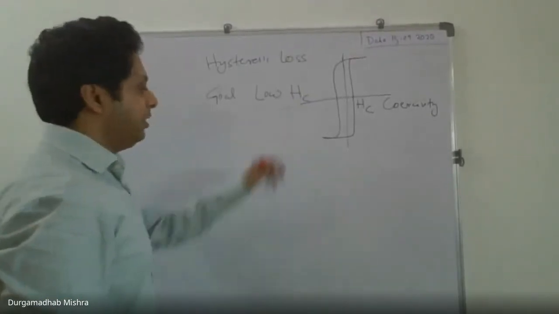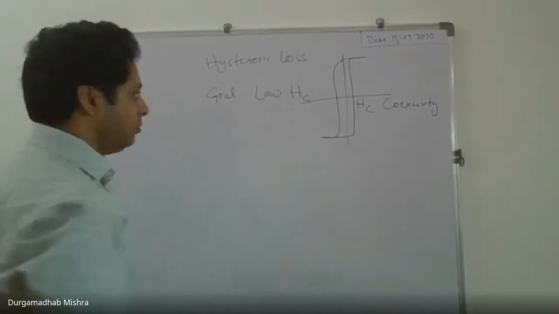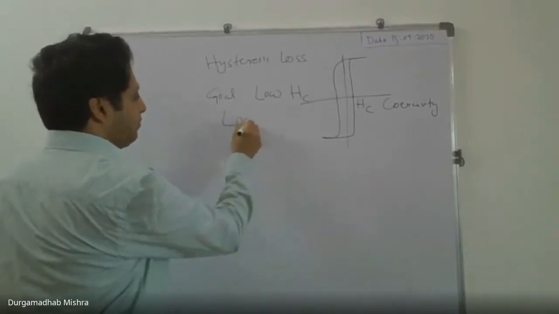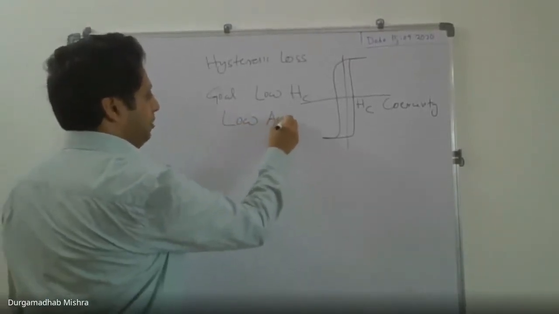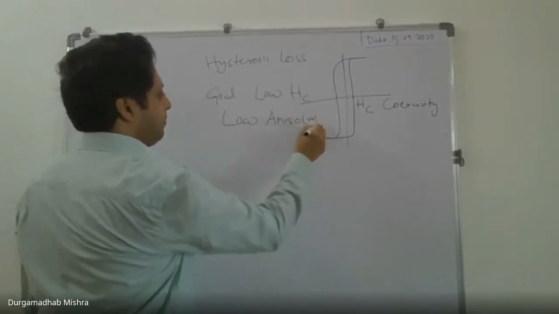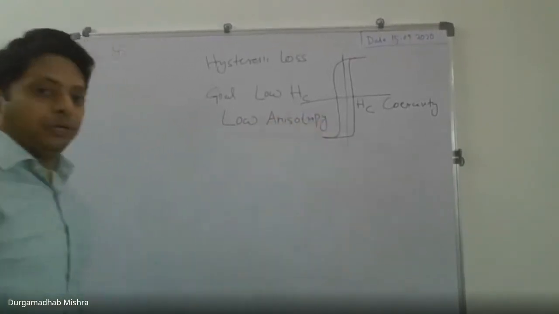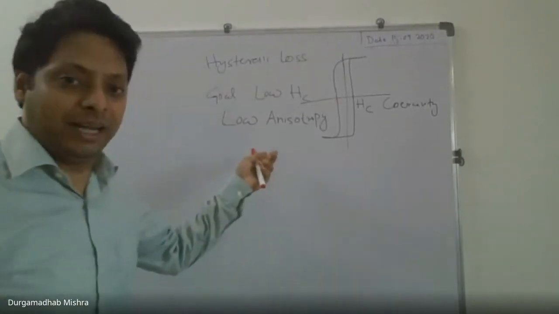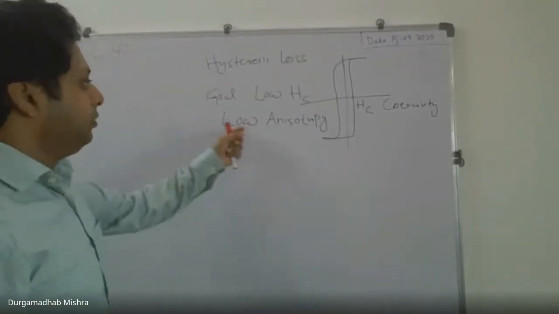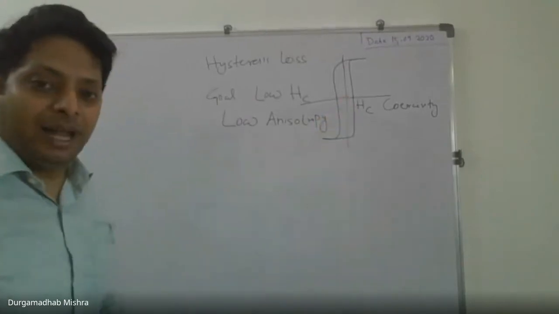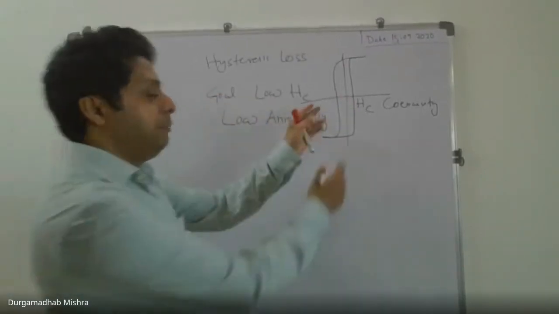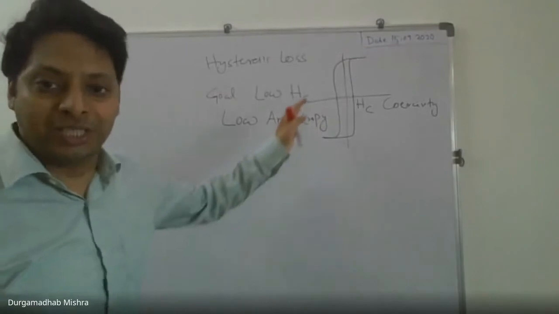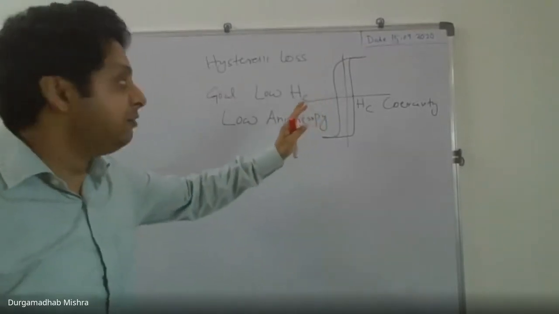Low HC normally happens when you have a low anisotropy. If you take a material with low magnetic anisotropy, then you can decrease HC and minimize this hysteresis loss. Of course, this does not depend on the frequency.